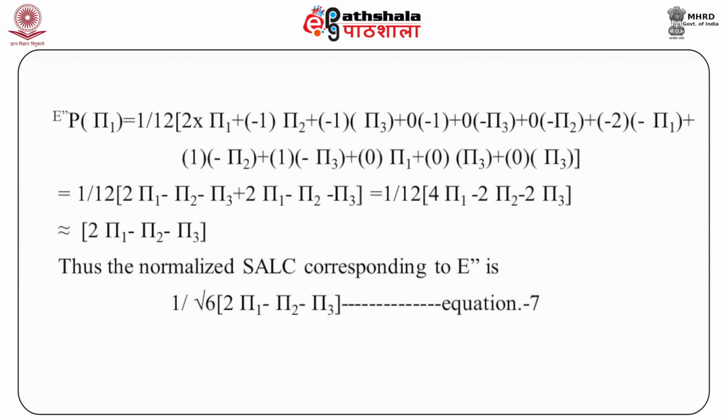And the normalized SALC when E double dash is operating is 1 upon under root 6 (2 pi 1 minus pi 2 minus pi 3), as given in equation 7. The SALC given in equation 7 is one of the two SALCs corresponding to E double dash.